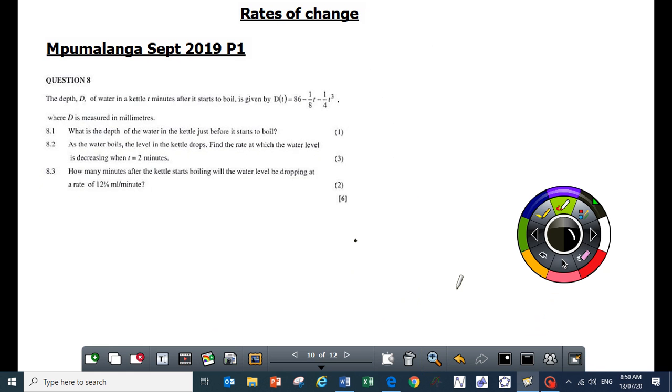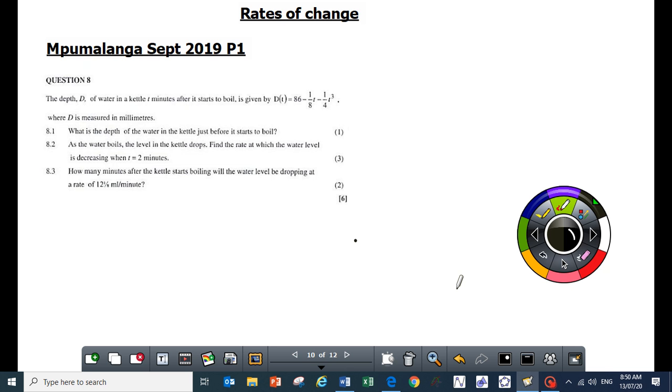All right. So the question says, I think I've got it here too. Let me check. Don't worry, it won't take us long to do. All right.